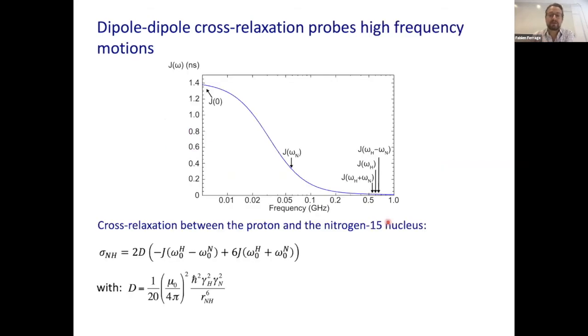Okay, so in this case, what is important is that this rate only depends on the transitions at zero and double quantum, and so on the spectral density function here at the difference and sum of the two frequencies. And so it means that in this heteronuclear spin system, we'll have only high frequencies that are probed by this rate. So it's a good way to probe solely high frequencies.